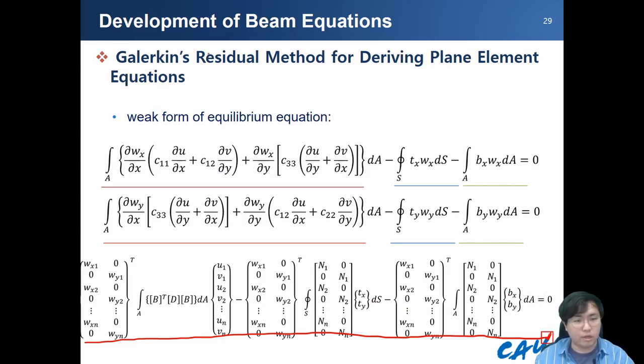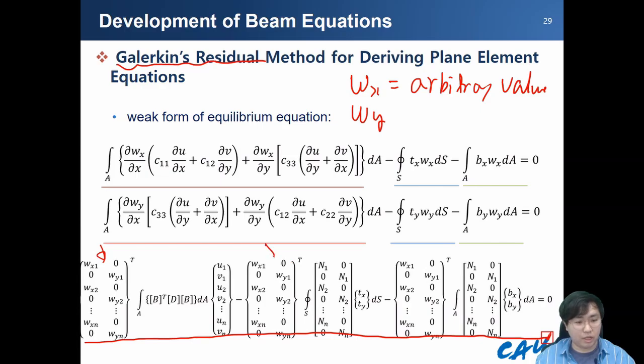First, in the Galerkin residual method, we use arbitrary functions Wx and Wy, so that they can be arbitrary values. If these values can be arbitrary, and any of them must make this expression become 0, what is the way?